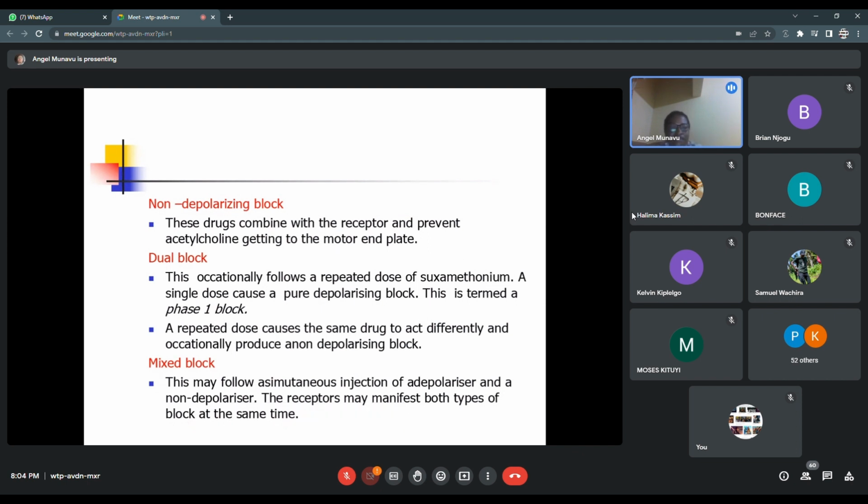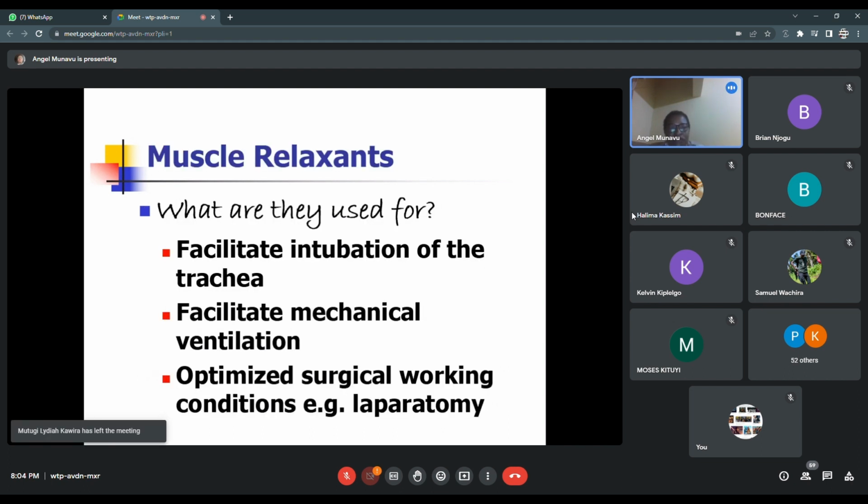So those are the 4 types of blocks, but mostly we'll be dealing with the depolarizing and the non-depolarizing muscle blockers. Those are the drugs that we'll be discussing when we discuss muscle relaxants.